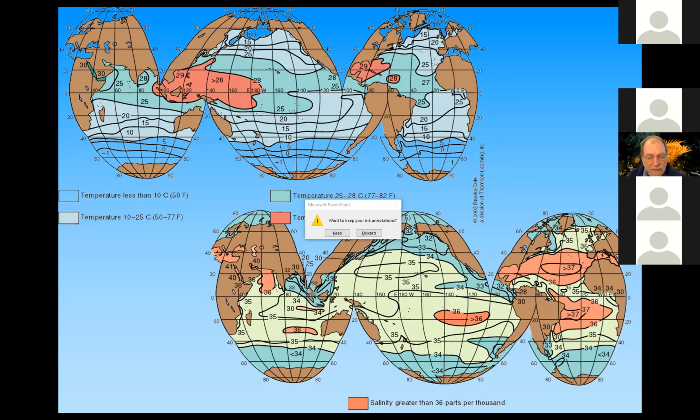Well, one is the density in kilograms per cubic meter. And then, what would the density be? And then sigma is a derived number, right? Remember, you subtract 1,000 from the density, and that gives you the sigma. Okay, got it now. Thank you.